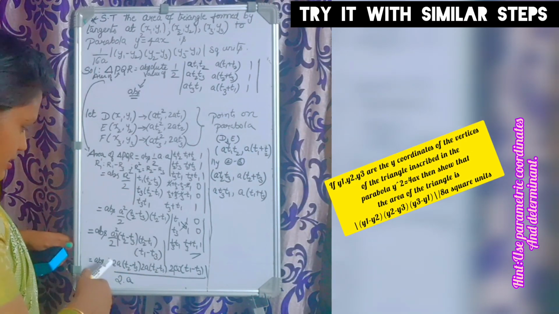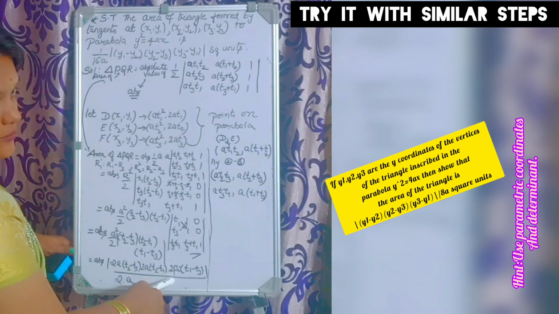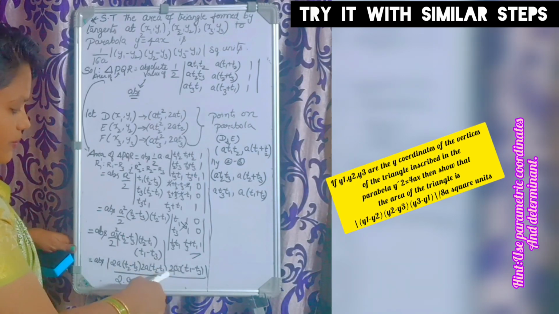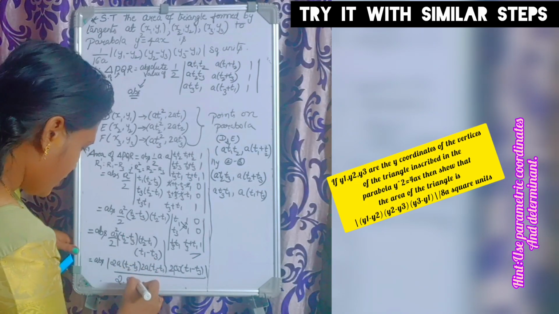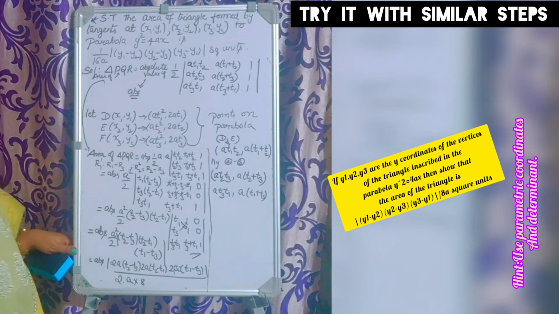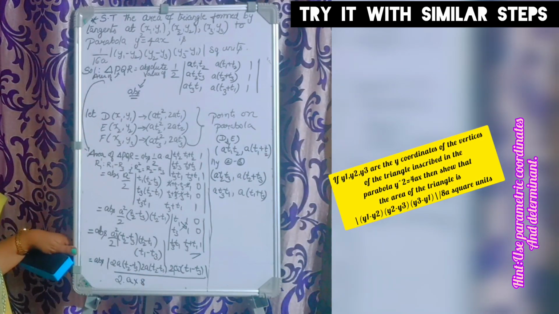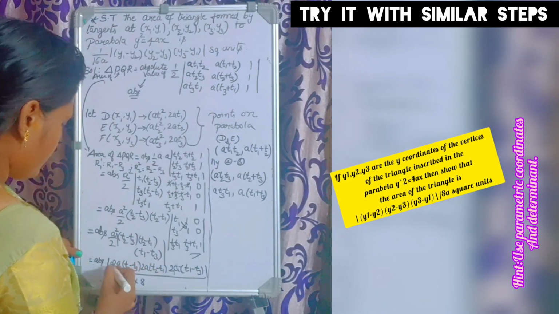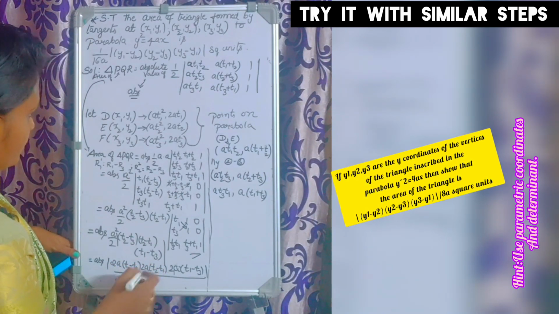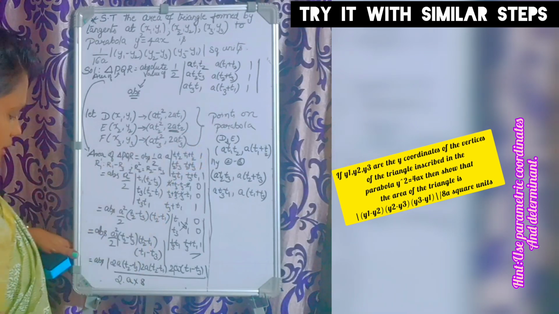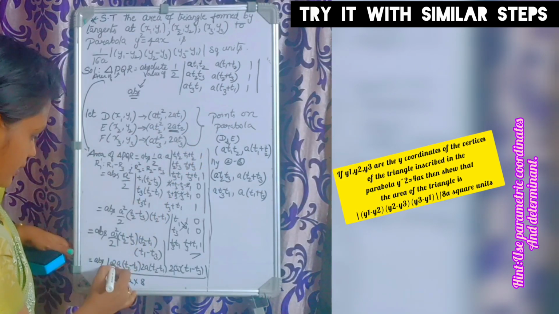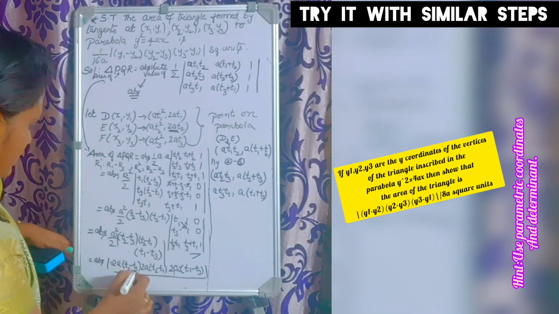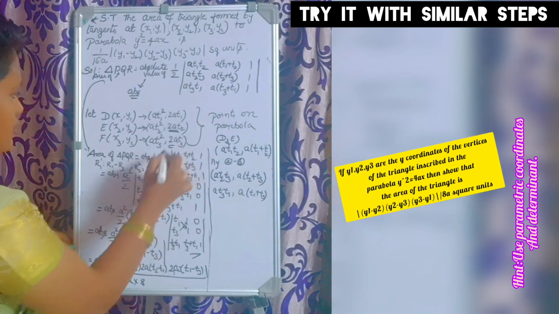Understood? And also 2 twos are 4, 4 twos are 8. I have multiplied the numerator by 8, so I need to divide it by 8. Okay? Understood? Now if I expand this, if you see this 2a t2, this is y2, then 2a t3, this is y3.